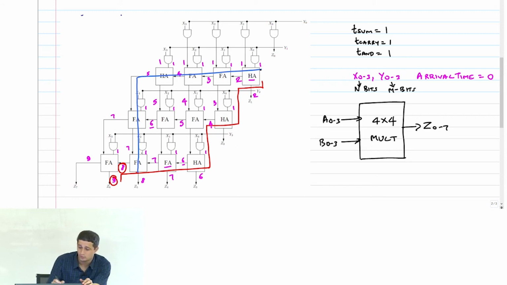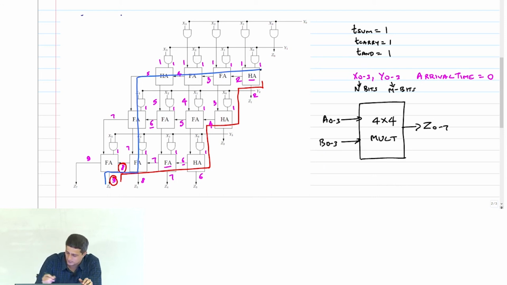No, remember, this blue line ultimately has to come all the way till here. How many carry paths does it have to go through? No. So if x is n bits, y is m bits.